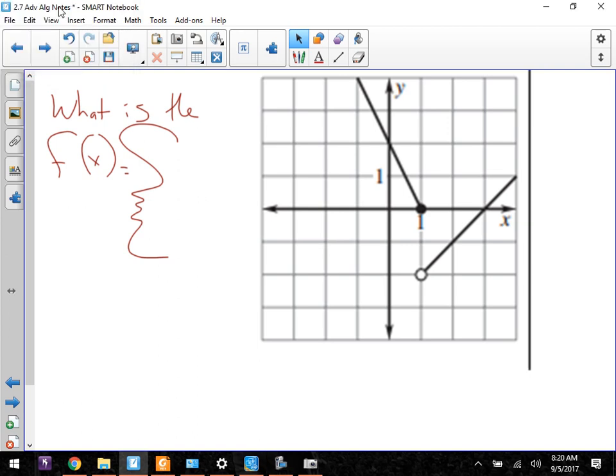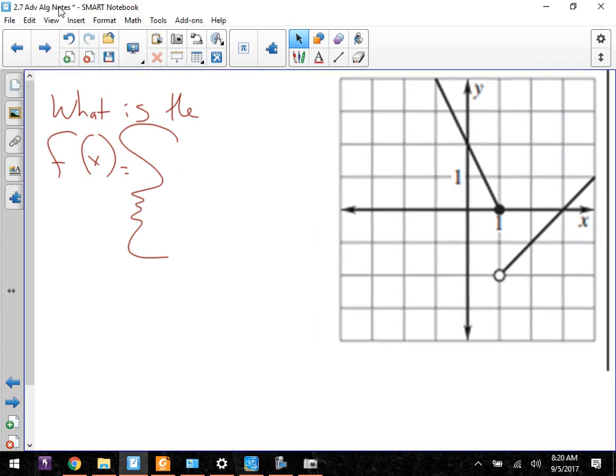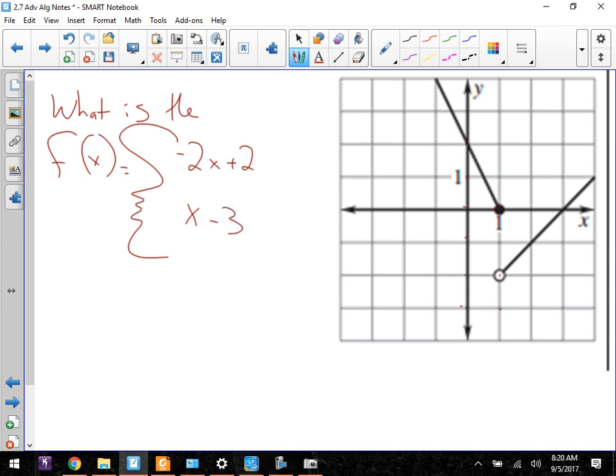We got two equations. You got something funky going around x equaling 1. So the first one I'm looking at looks like I have a slope of -2, -2x plus 2. And the other one looks like I have a slope of 1. And this would be -1, -2, -3. You okay with that? Okay.